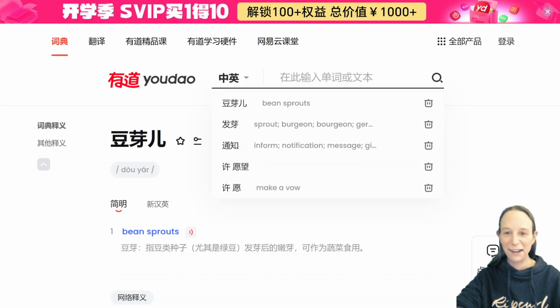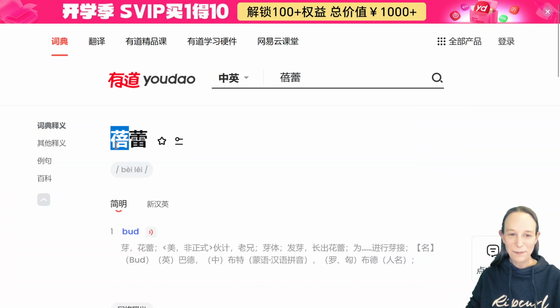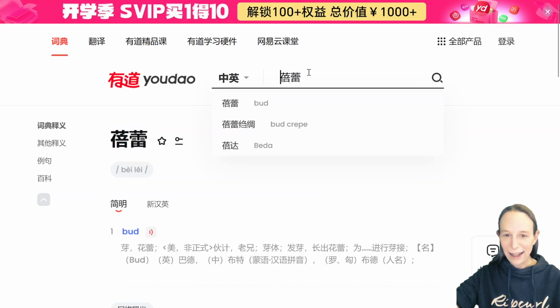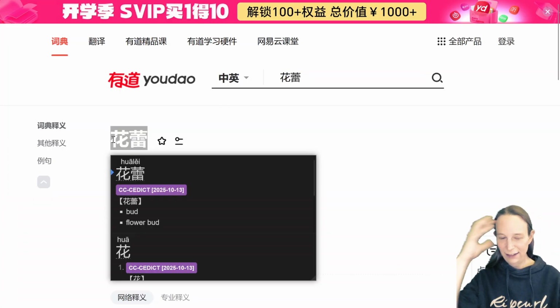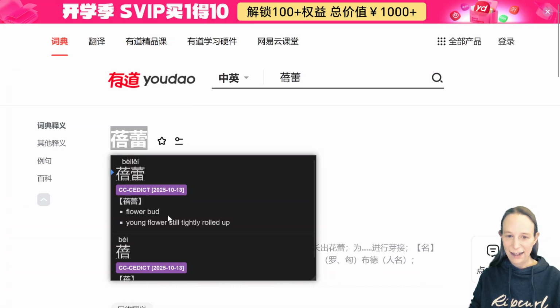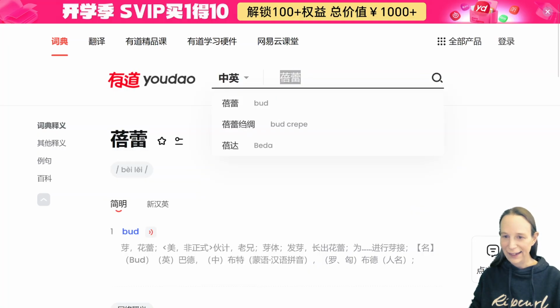Is it not bao? There's this one, 蓓蕾. I know this one because Bud, that's what I use for my Chinese name. 蓓蕾. Oh no, it's 花蕾. 花蕾 is flower bud. Okay. 蓓蕾 is bud, but also flower bud. Okay. And 芽.